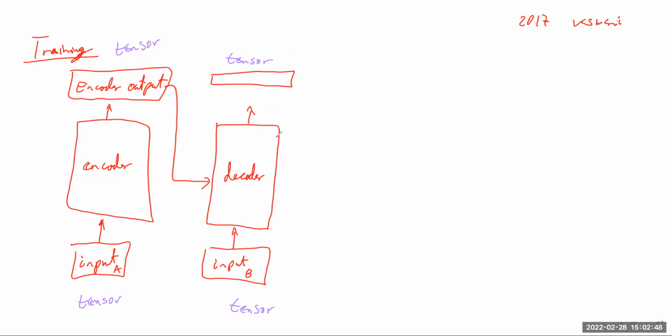Usually it's trying to predict some kind of tensor that represents what the problem is. So for instance, a word, or it could be a sequence of words, all represented by tensors.